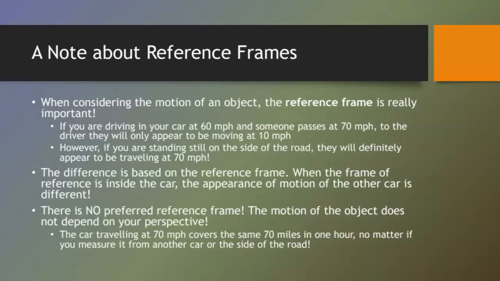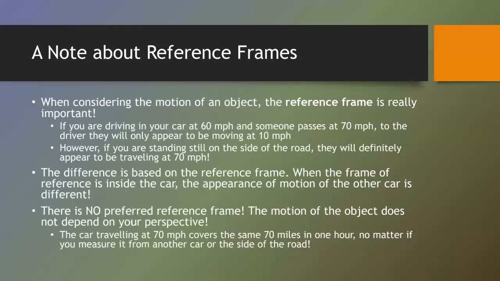If you could see nothing else, you can see it moving with respect to the background, so it might look like it's going faster sometimes. But if all you can see is you and the other car, then that car looks like it's going 10 miles per hour. If you're standing on the side of the road, that car that appears to be going 10 miles per hour will definitely look like it's traveling 70 then.